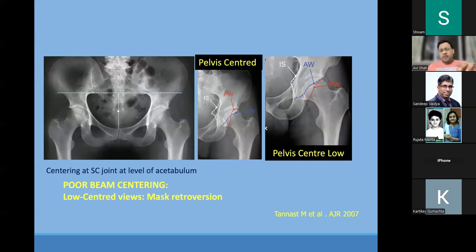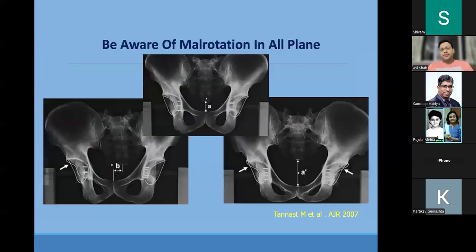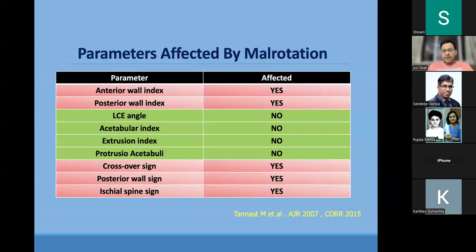If your centering of the beam is higher or lower, it changes all the parameters. The centering of the beam should be at the level of the sacrococcygeal joint, at the same level as the acetabulum. So that, as I showed, this changes the rotation in the same X-ray in different views. You can get everything different.